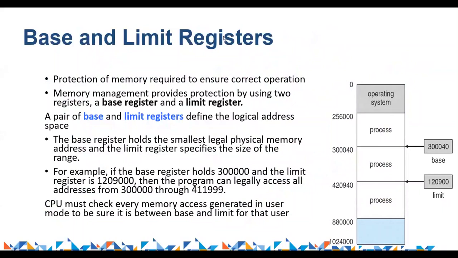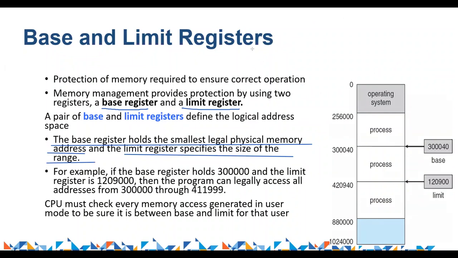In order to protect the memory, the operating system will use two addresses. One is called the base register, another is called the limit register. So it's a pair of registers. The base register holds the smallest legal physical memory address, and the limit register specifies the size of the range.